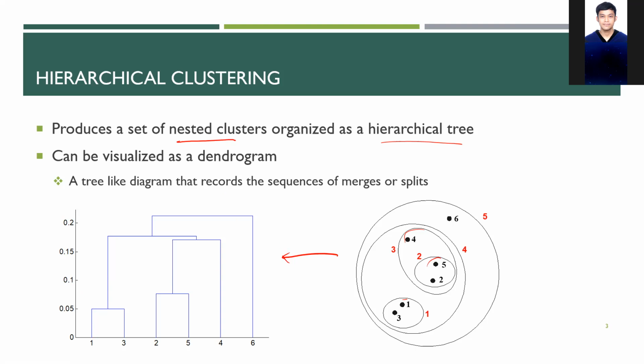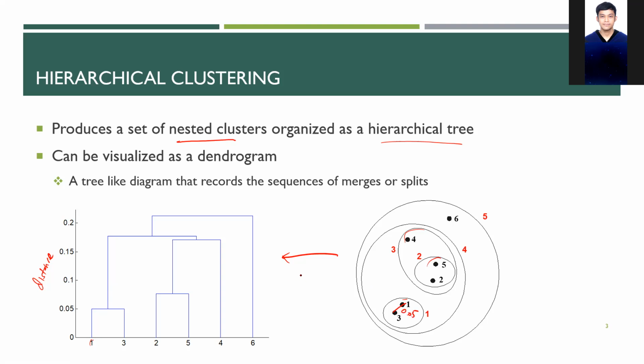So for example, in this hierarchical tree, we have data 1, 3. This number is the index of the data, and this value is the distance. For example, the distance between data 1 and data 3 is 0.05.